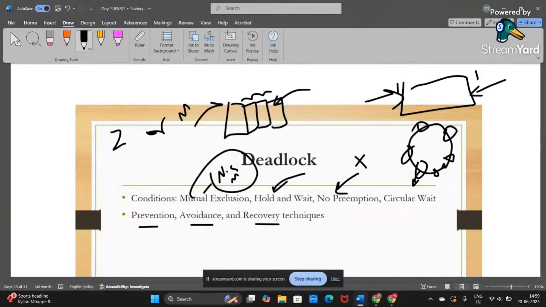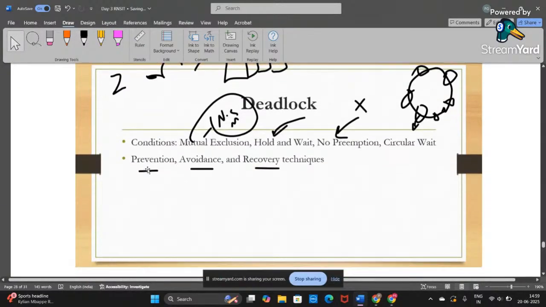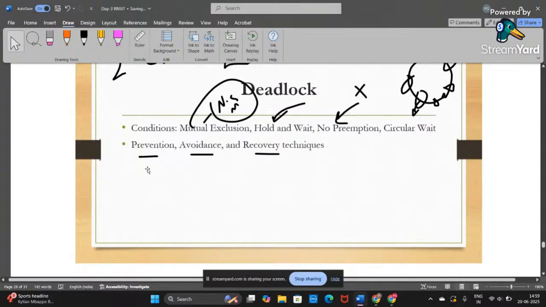First, we'll see prevention. In this prevention, there are four techniques. One we have seen already, that is mutual exclusion. It is not always preventable, since some resources are inherently non-shareable.